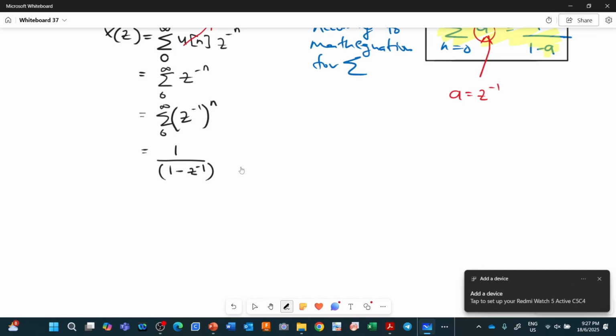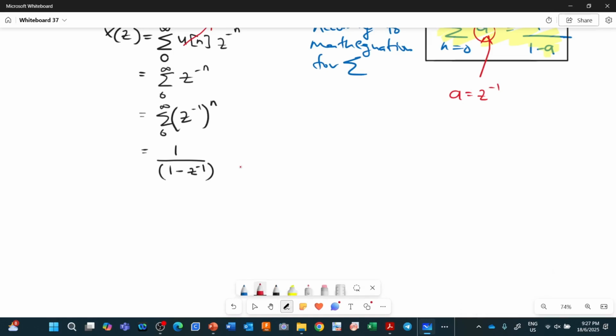If you remember, you have learned in the control subject that the denominator here we call the characteristic equation, right?